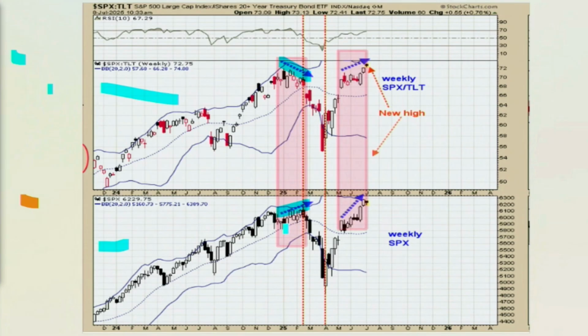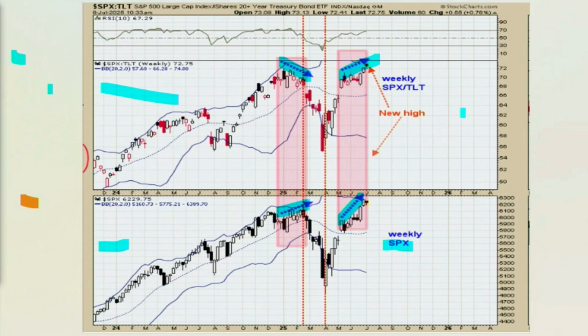So you got a pullback. But since basically May to the current time frame, the SPX has been making higher highs on the weekly, and also the SPX tilt ratio is making higher highs.